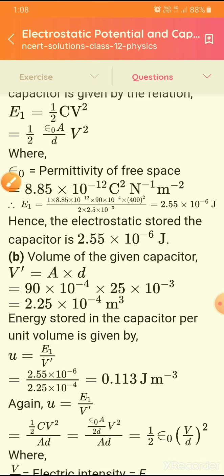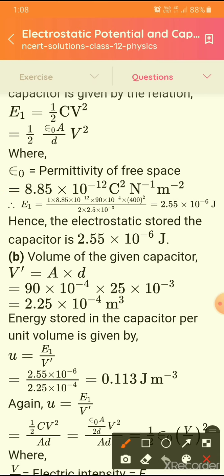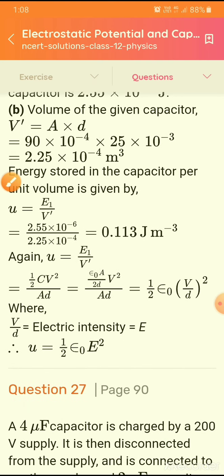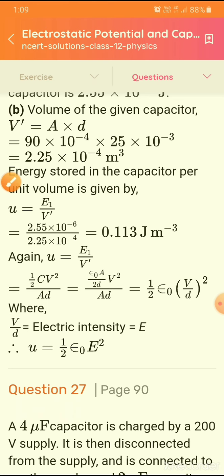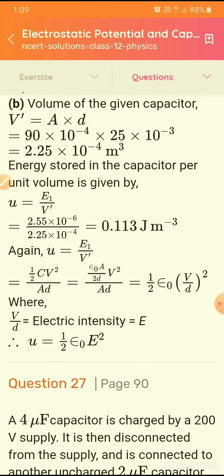So instead of C, we can substitute epsilon naught A divided by 2D into V squared. This A and A will get cancelled. So the remaining value we will get is epsilon naught V by D the whole squared, where V by D is the electric intensity, that can be written as E. So U is equal to half into epsilon naught E squared.